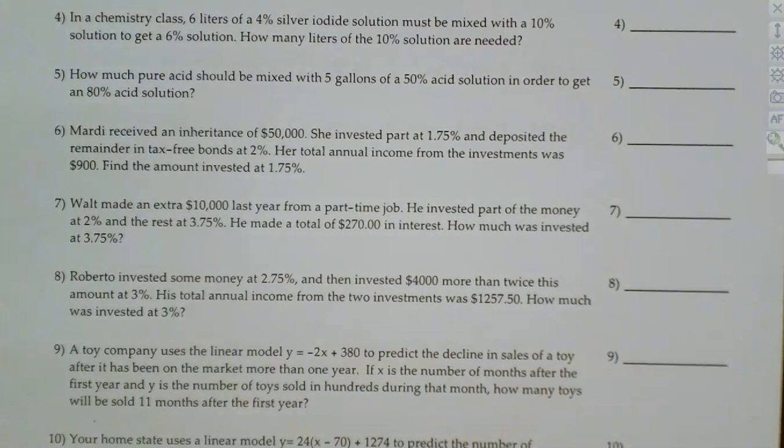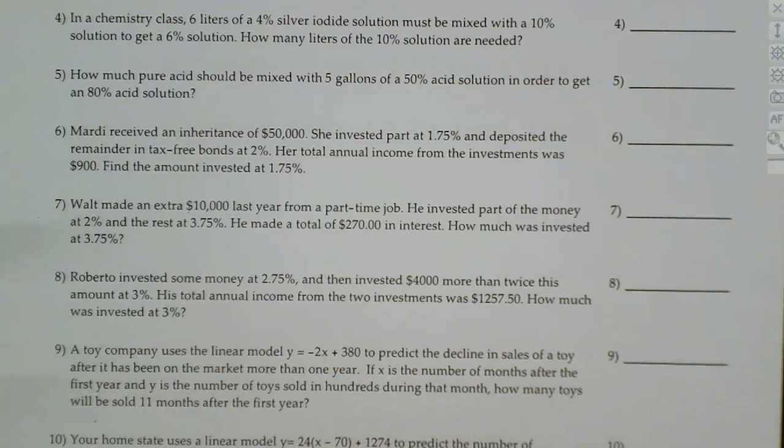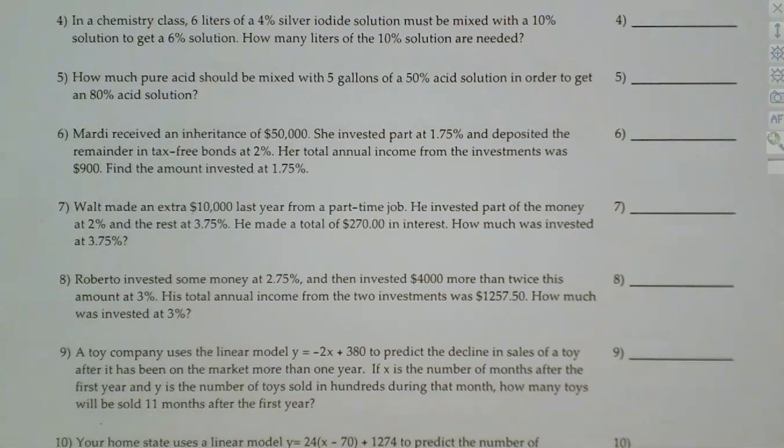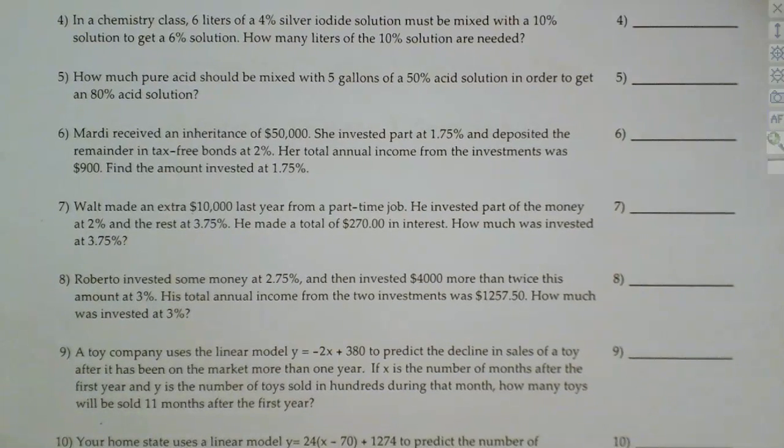This one is a little bit different than the last one. So Roberto invested some money at 2.75% and 4,000 more than twice this amount at 3%. He made $1,257.50. How much was invested at the 3%?